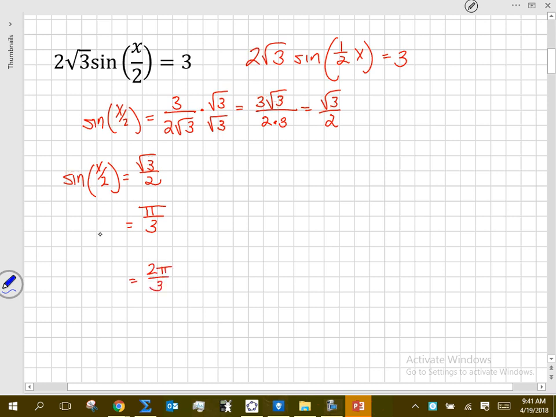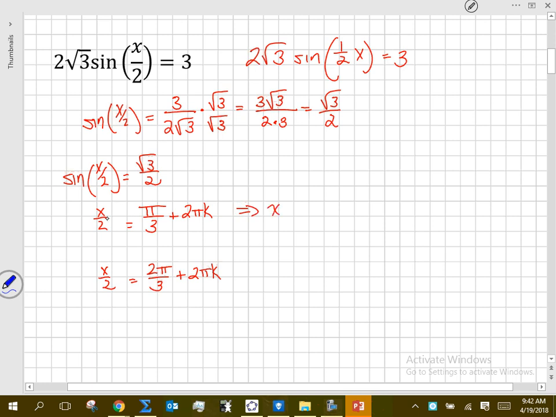Okay, but now what did we just solve for? What was the argument? x over 2. And just like the last one, when you're doing these multiple angle type questions, even if that angle is a fraction, you still add your period. So 2 pi k and 2 pi k. Now, what does that imply that x would be?